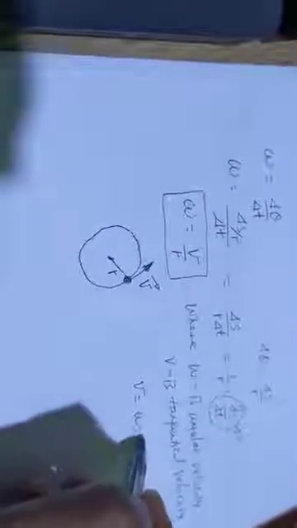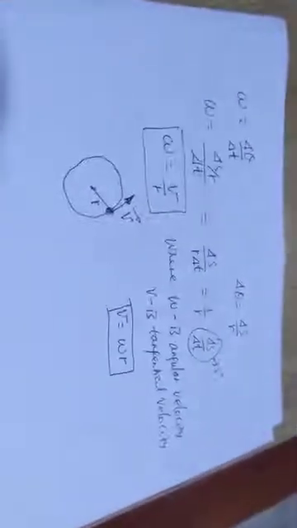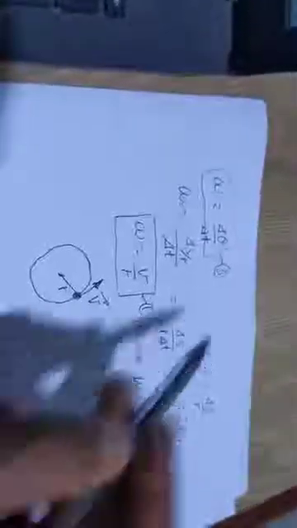So we can simplify: v is equal to omega times r is the expression for this physical quantity. So we have expressions 1 and 2, and earlier we defined this physical quantity as the third one. So we have 1, 2, 3.